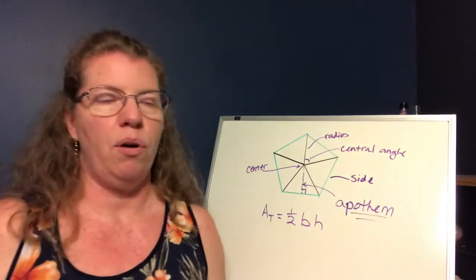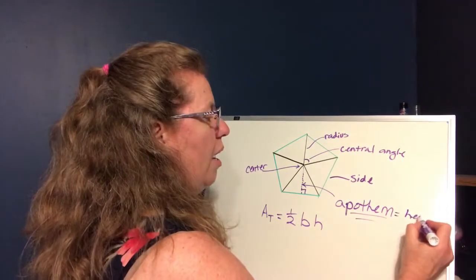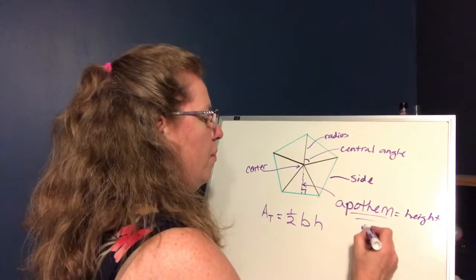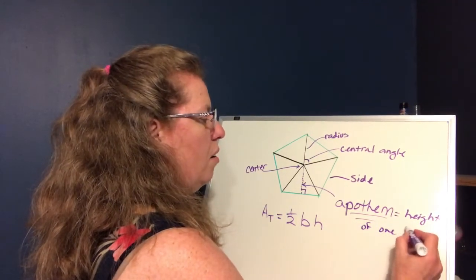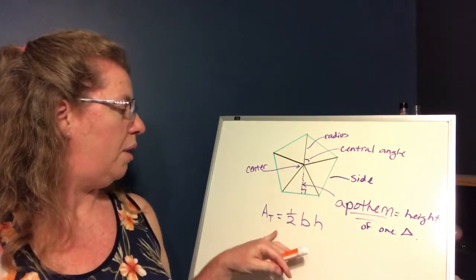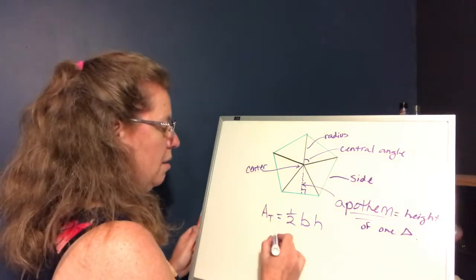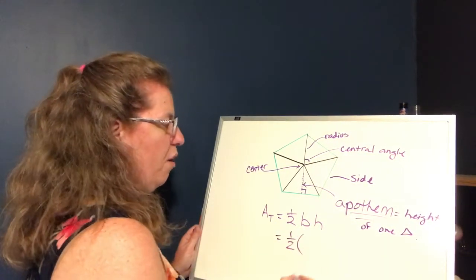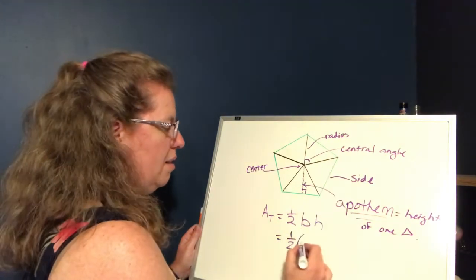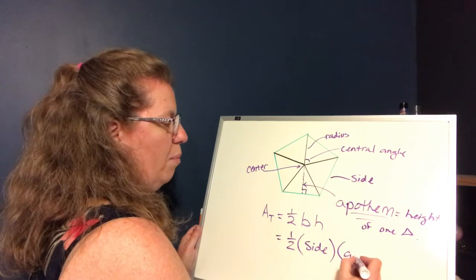It's going to be in the formula, but basically the apothem is the height of one triangle in our polygon. Looking at our formula for the triangle, 1/2 base times height means it's going to be 1/2. Our base is always going to be the side length, and our height is going to be that apothem.